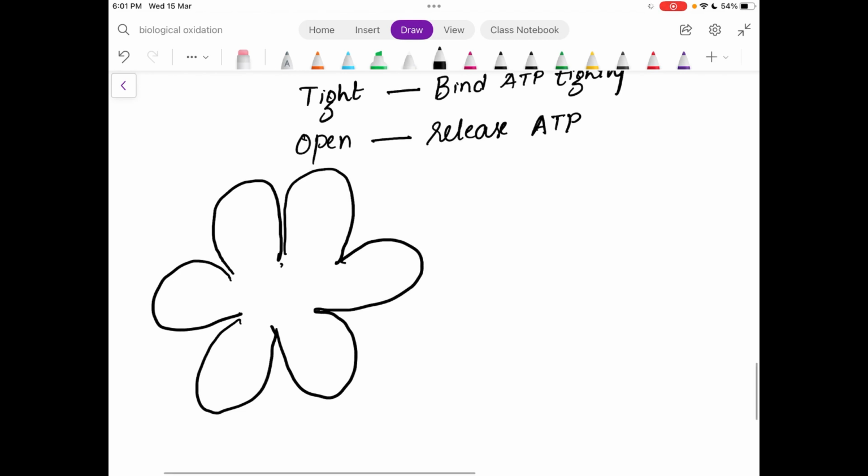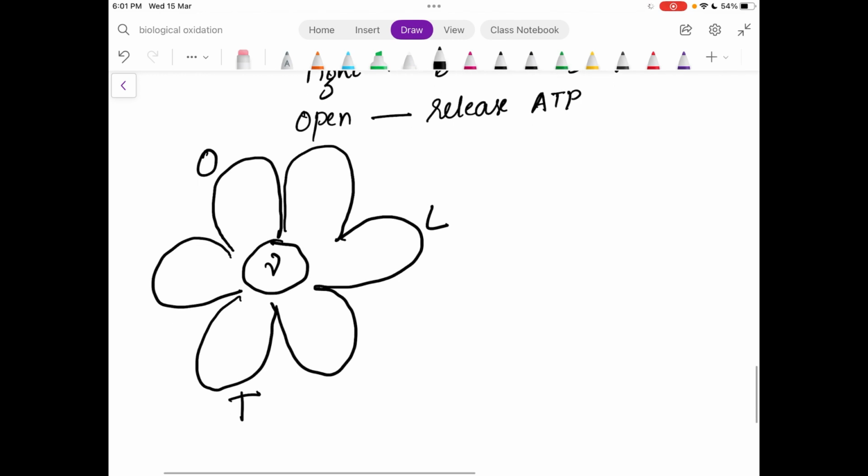Three subunits. In the center we have the gamma subunit. If this is in open form, this is in loose form, this is in tight form.